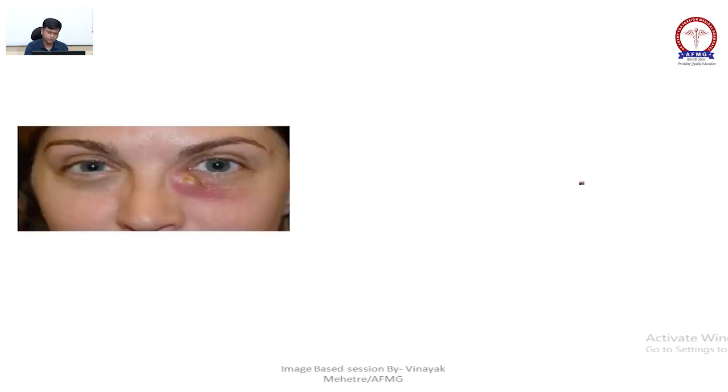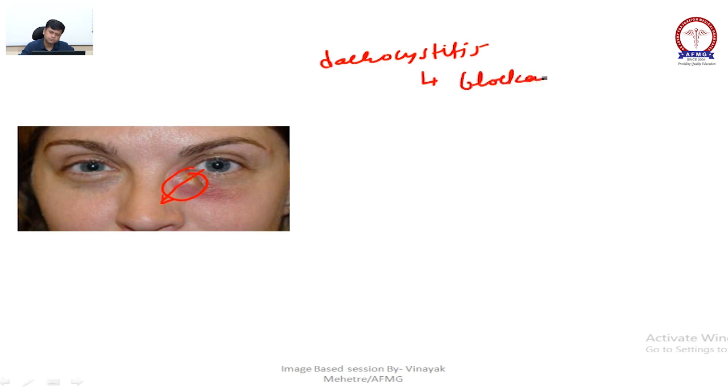Now, what is it? Which structure goes between eye and nose? Nasolacrimal duct, right? Dacryocystitis is due to blockage of the lacrimal sac, right?